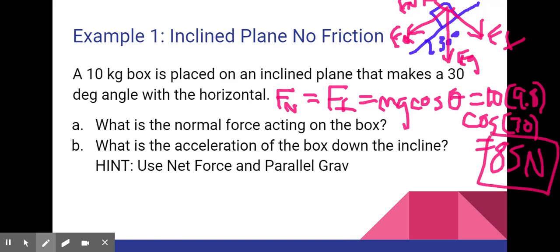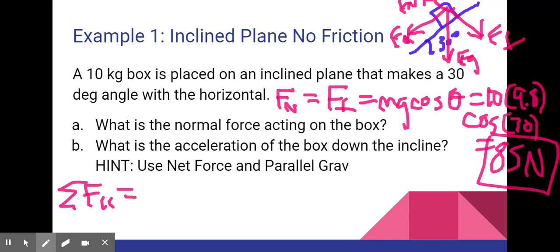Okay, now we need to find the acceleration of the box down the incline. So acceleration of the box down the incline, we're going to want to look not in the perpendicular direction, but in the parallel direction, parallel to the incline, because we're looking for the acceleration with respect to that incline. So we can start this off by looking at the sum of our forces in the parallel direction.